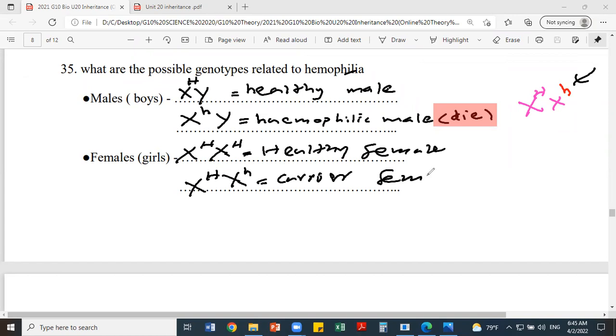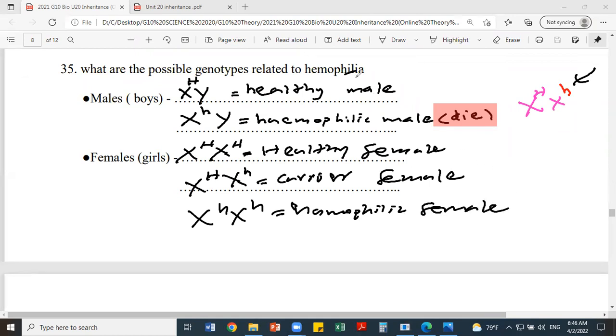Then X simple h, X simple h: hemophilic female, or diseased female, but they die, not present. You can write it, but write here not present, not possible. It's very, very important. Hemophilic female, not present or not possible. Write it within brackets. You can write the genotype, but it's not possible.